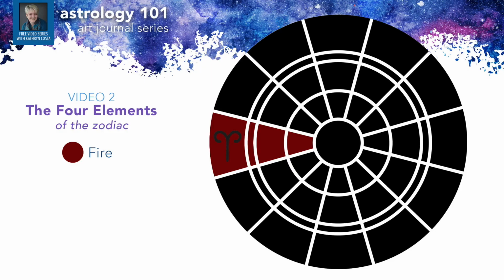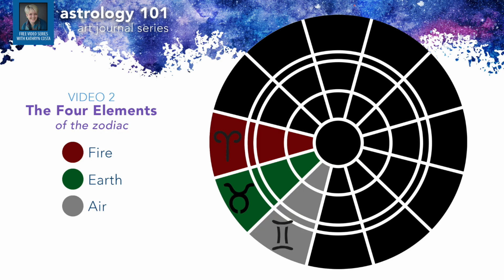All right, to begin, let's step back and look at that zodiac chart and notice the pattern of how these elements show up in the chart as we progress from the first sign in Aries all the way through the chart to the 12th sign in Pisces. The first sign in the zodiac is Aries, and that is a fire sign, followed by Taurus, an earth sign, Gemini, an air sign, and Cancer, a water sign.